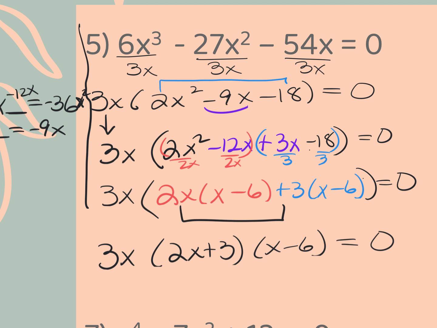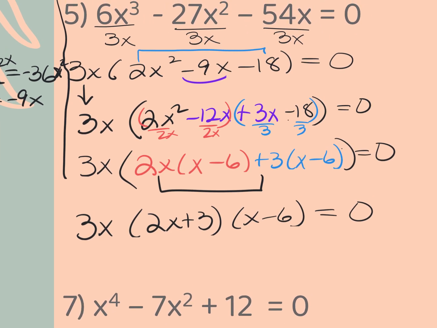And now you'll set all three pieces equal to 0. Because again, remember, we started out with an x cubed. So we're looking for 3 answers. So I'm setting the GCF equal to 0, 3x equals 0, divide. My first answer is x equals 0. Set the 2x plus 3 equal to 0.